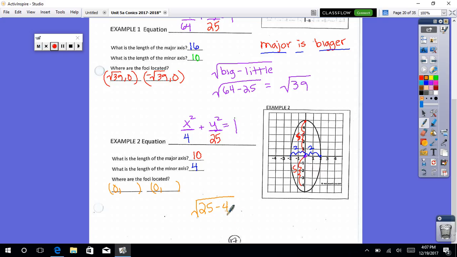Again, it's going to be an ugly number. It's actually the square root of 21, which is not a perfect square. The square root of 21 is about 4.5, so our foci are going to be up here somewhere and down here. So I have the positive square root of 21 and negative square root of 21.